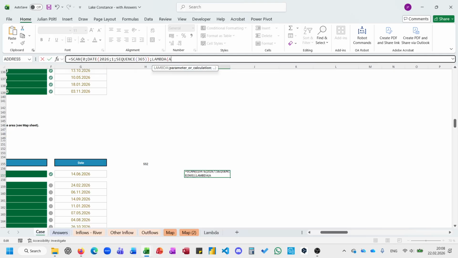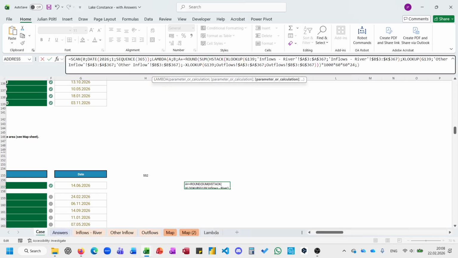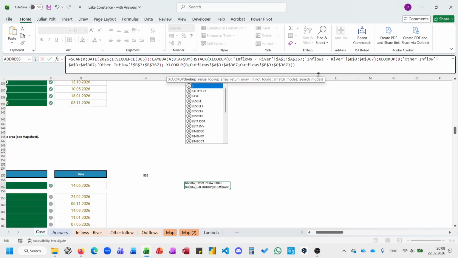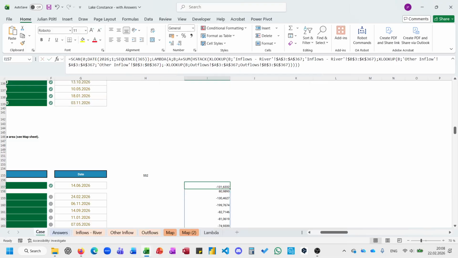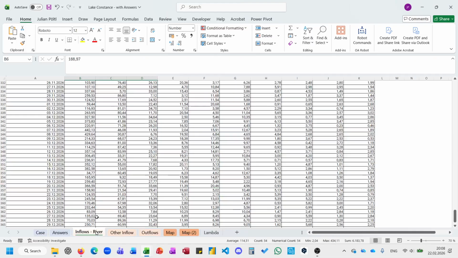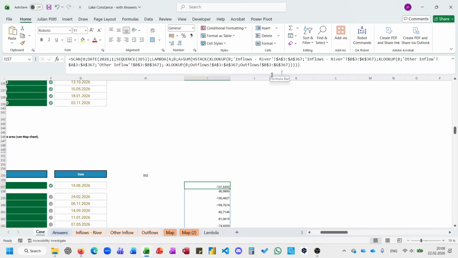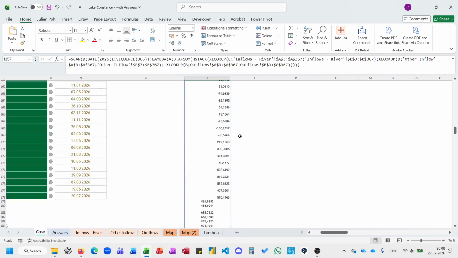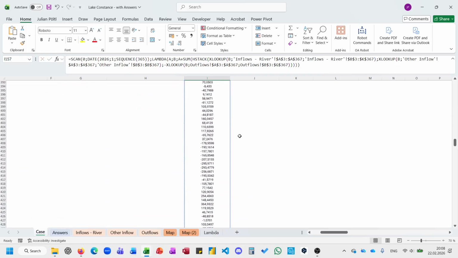Lambda A, B, A plus, and now get rid of the rounding and of this here, and instead of this cell we swap in B. I know you can also do this more efficiently by simply making a by-row and then matching everything together would also be okay. But I did this method here, and then you have the running total.